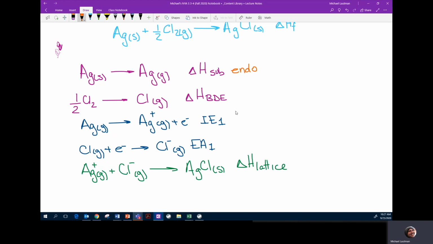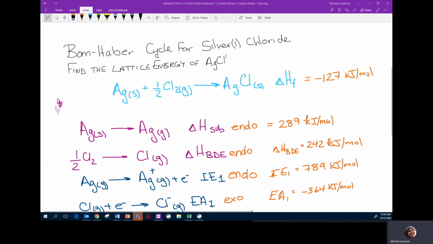Breaking chemical bonds is always endothermic, while forming chemical bonds is exothermic. What about ionization? Removing electrons is always endothermic, no matter what. And the first electron affinity of chlorine? First electron affinities for the nonmetals are exothermic. And the lattice energy is always exothermic, because we're bringing charged particles close together, so energy is released.